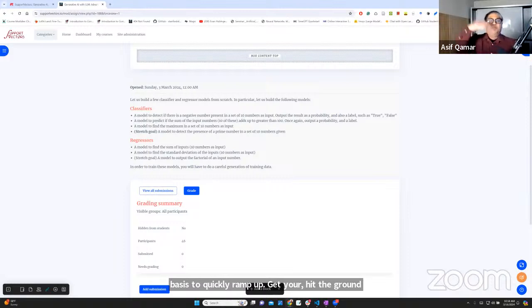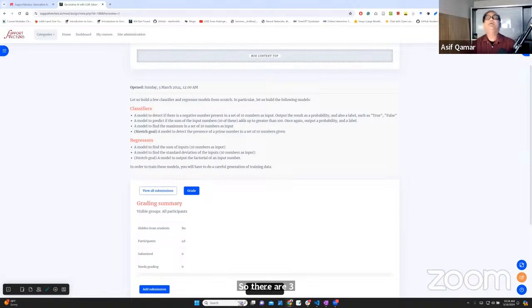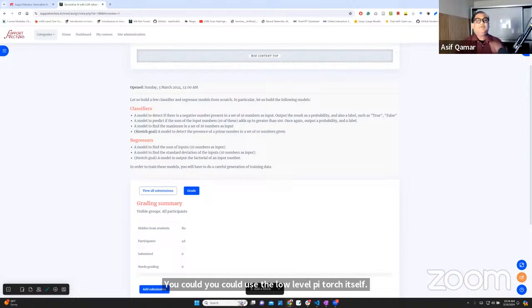So there are three levels at which you can train the model, three sort of API architectures you could use. You could use the low-level PyTorch itself, write code in PyTorch, which I strongly advise you to do. Of course, you can go one tier lower if you are daring and adventurous. It's a typical thing that you give in college as an exercise.